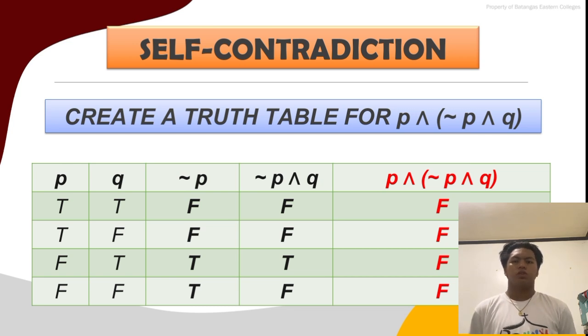So the not P and Q is false because the two simple statement of not P and Q is different. So the P and not P and Q will be false.